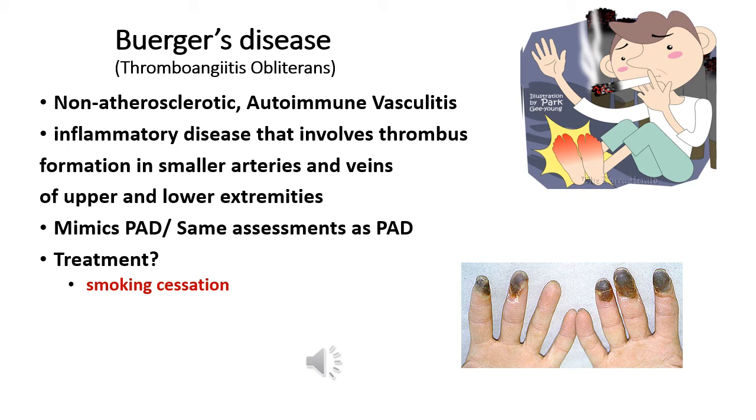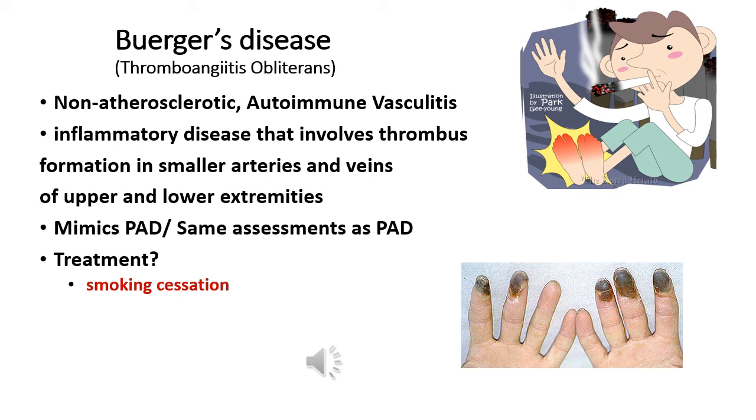It does involve thrombus formation in those smaller arteries in the hands and the feet. It looks like peripheral arterial disease or insufficiency, and we would make the same assessments of distal peripheral perfusion, but it is different.